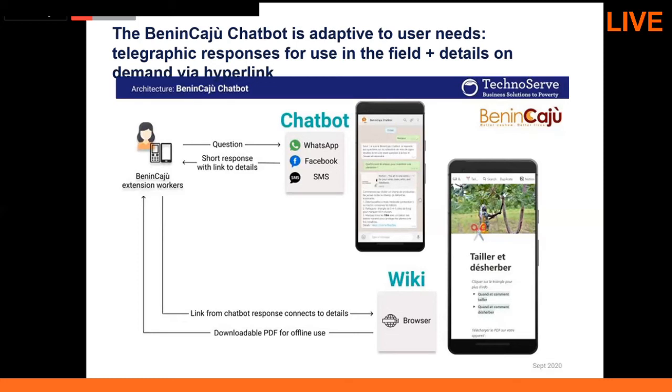That was an important thing we got from early feedback from users, that they wanted to be able to access it offline. So there is an SMS link where they can get a short answer by text only. But if they're looking for images and pictures, they can find an internet connection, open the page, download it to their phone, and then use it offline. Obviously, video will also be available as we start to release more content.